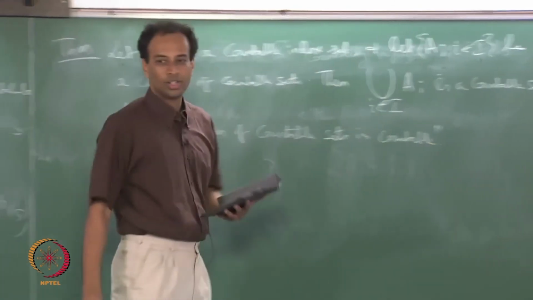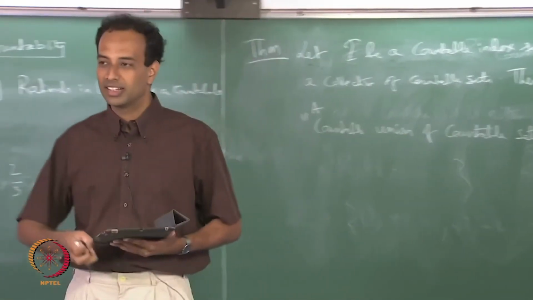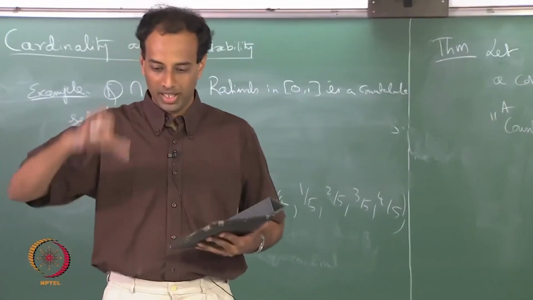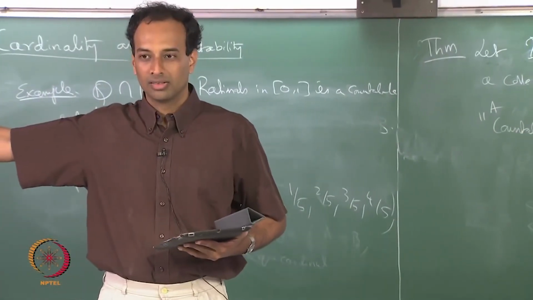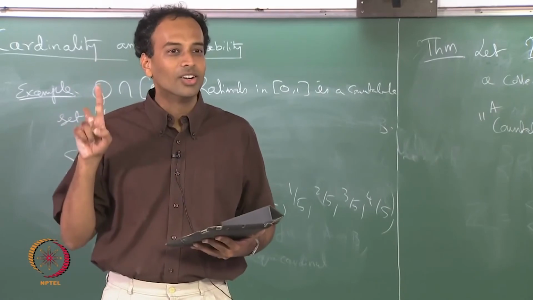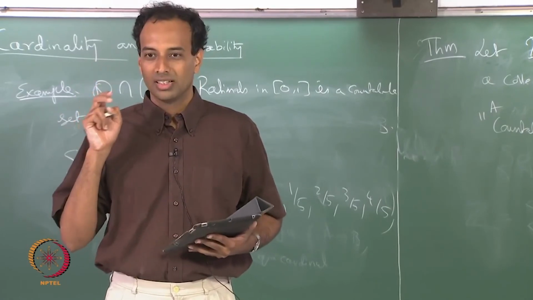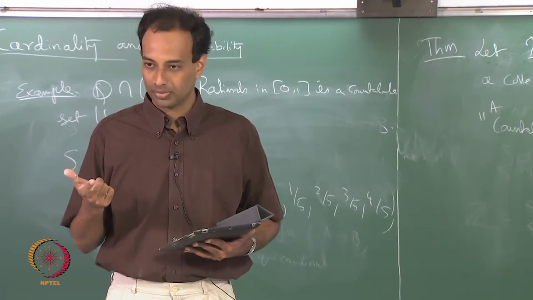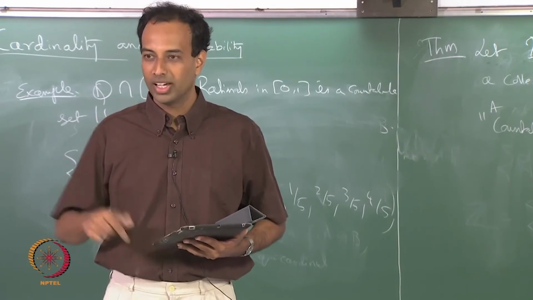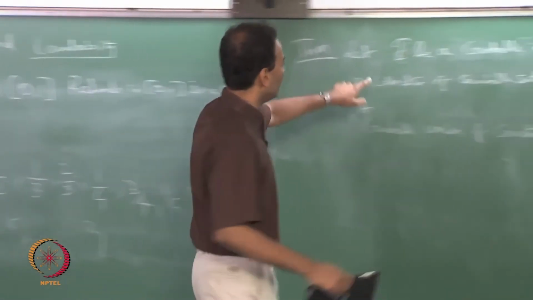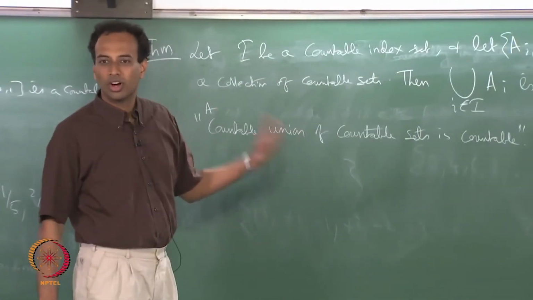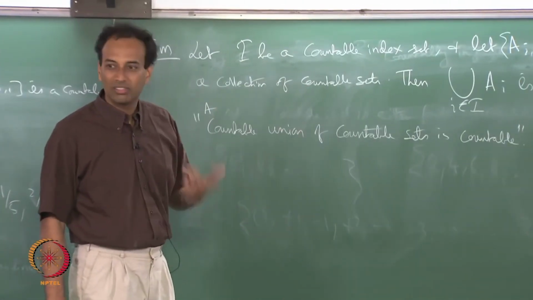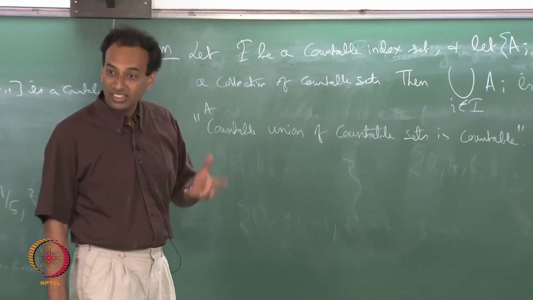This is a more colloquial way of stating the theorem. So, what am I saying? I am taking a bunch of countable sets and unioning them, and the index set that I am unioning over is also a countable set. For example, this index set could be natural numbers or integers or even numbers or rational numbers even.